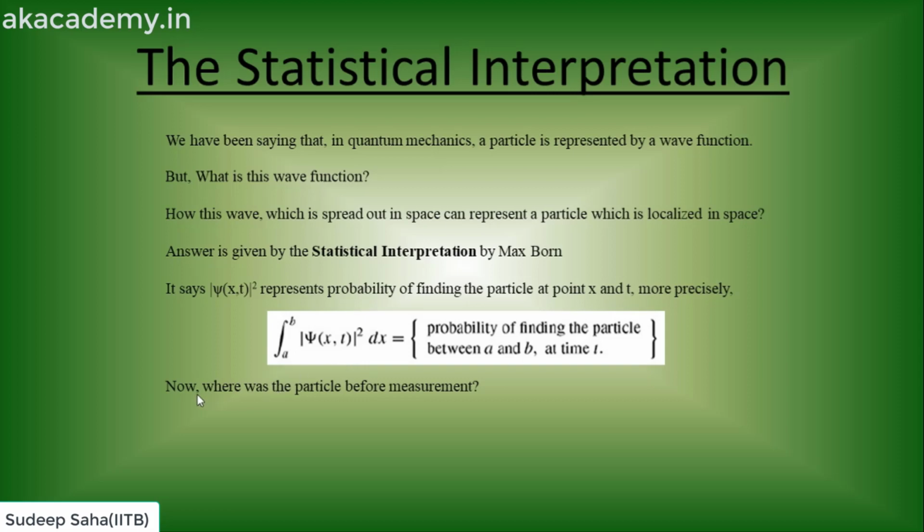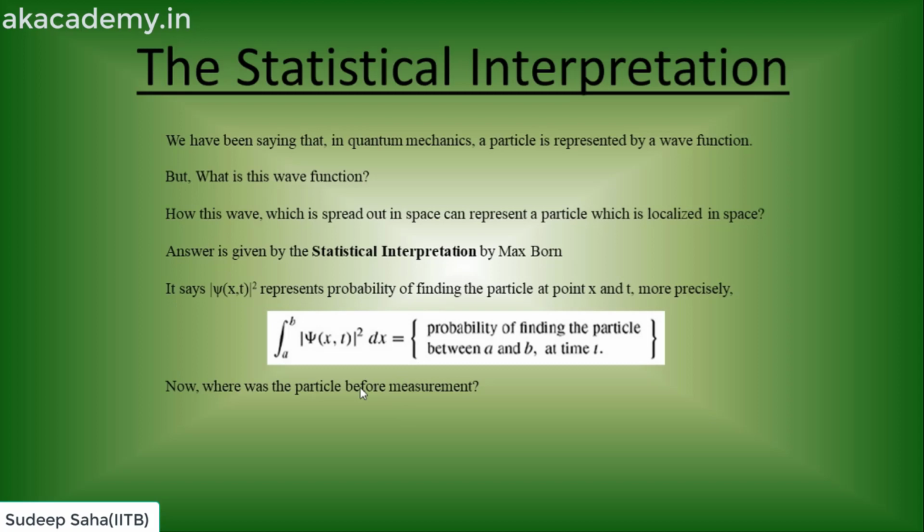So now, where was the particle before measurement? Actually, this is a very ambiguous question in quantum mechanics. It means that if we consider a region between a and b, there is some particle there, depending on its value. It's a very interesting question in quantum mechanics: where was the particle before measurement?